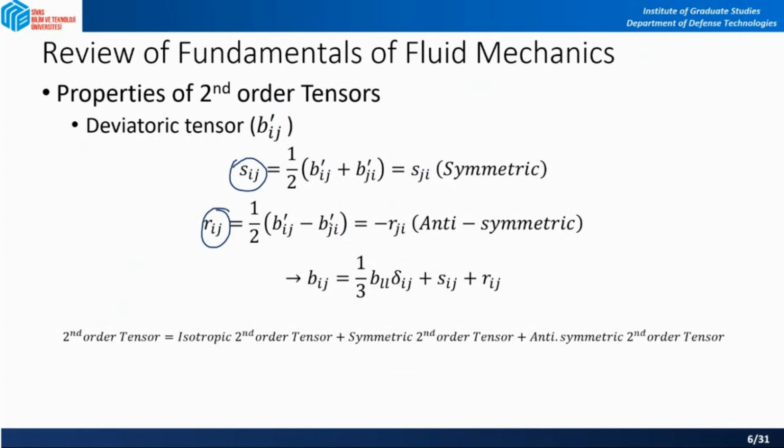So using these definitions, one can write the original tensor Bij as the isotropic second order tensor plus the symmetric part and the anti-symmetric part, as you can see in here.